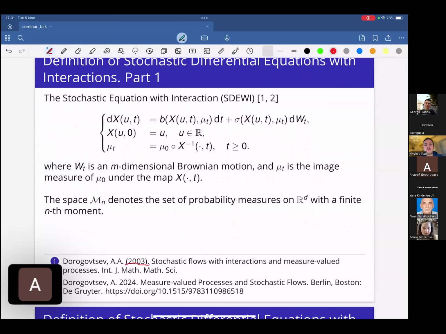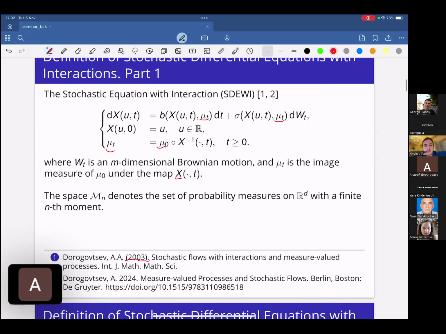They are stochastic differential equations, but the right-hand side contains the term mu t in each of the coefficients, and mu t is the image of mu zero under the map X. The whole idea is to investigate the distribution of interacting particles, how they move all together.